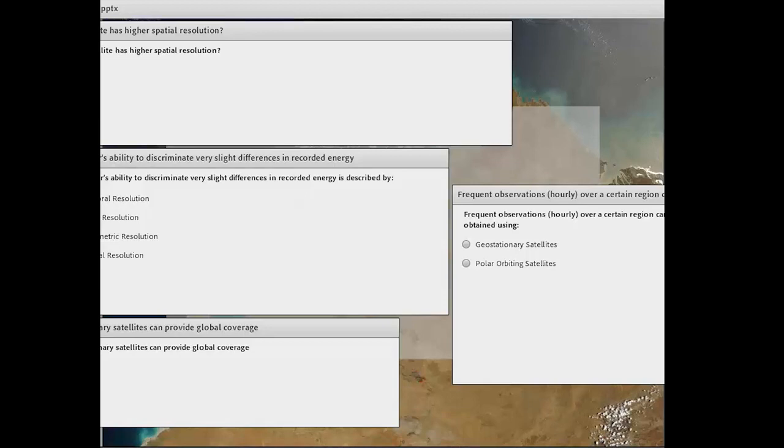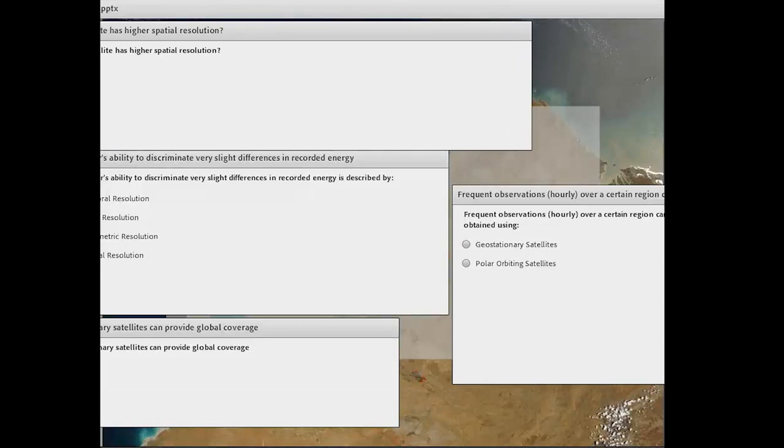Okay, so the first question is, which satellite has higher spatial resolution? We did not talk specifically about Landsat, but it was mentioned on a few of the slides.